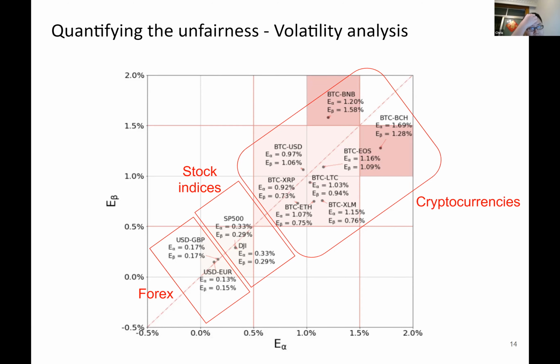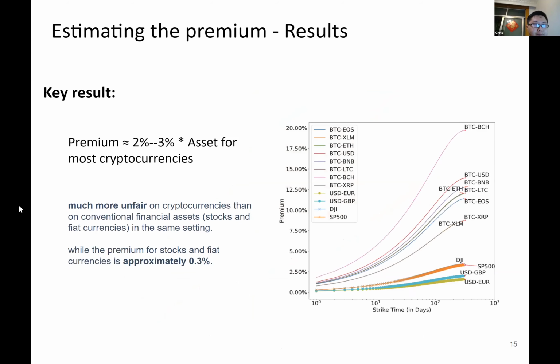We use the CRR model, the Cox-Ross-Rubinstein model, to estimate the premium and come to the conclusion that the premium should be approximately 2% to 3% of the asset value for most cryptocurrencies, while the premiums for stocks and fiat currency are approximately 0.3%.